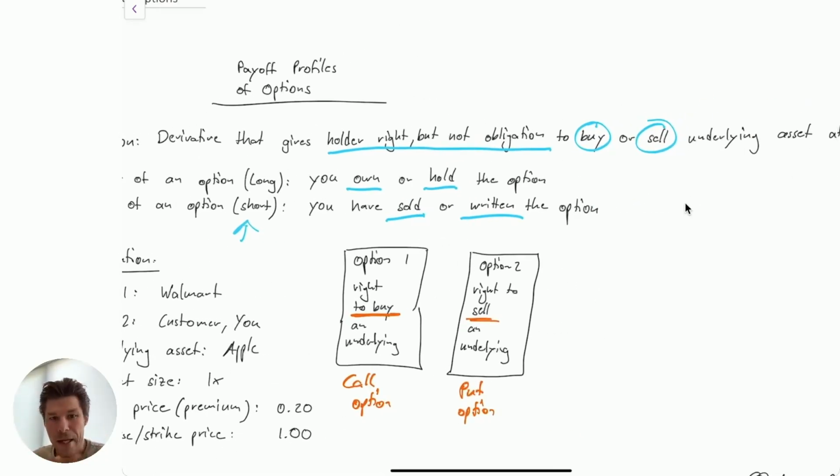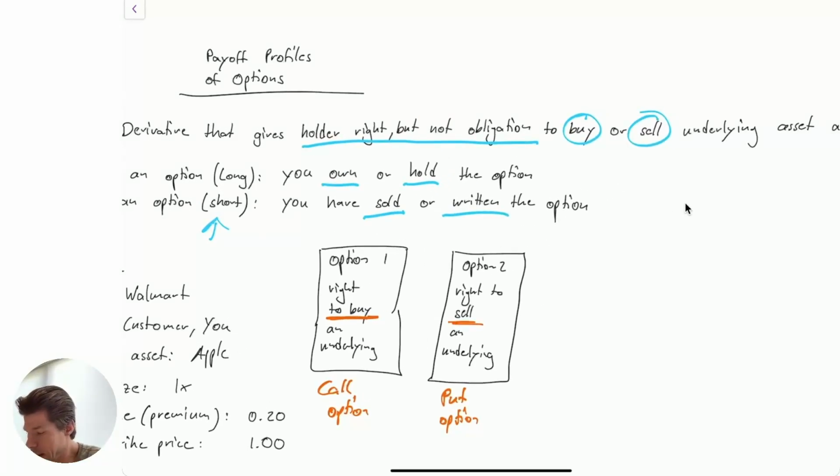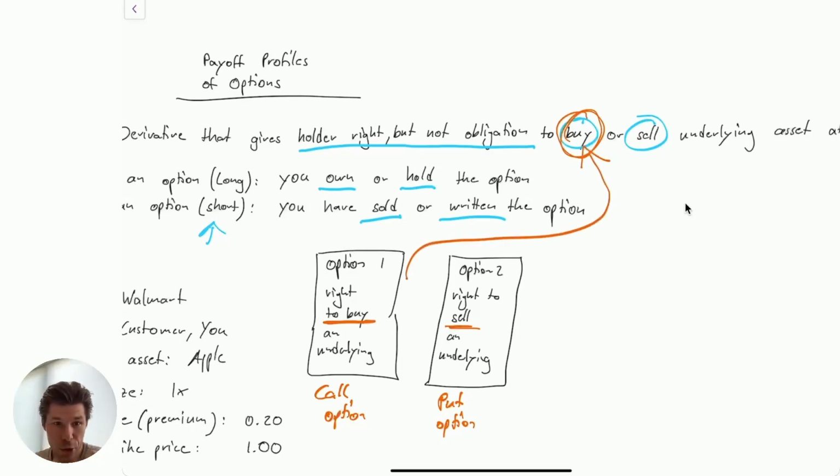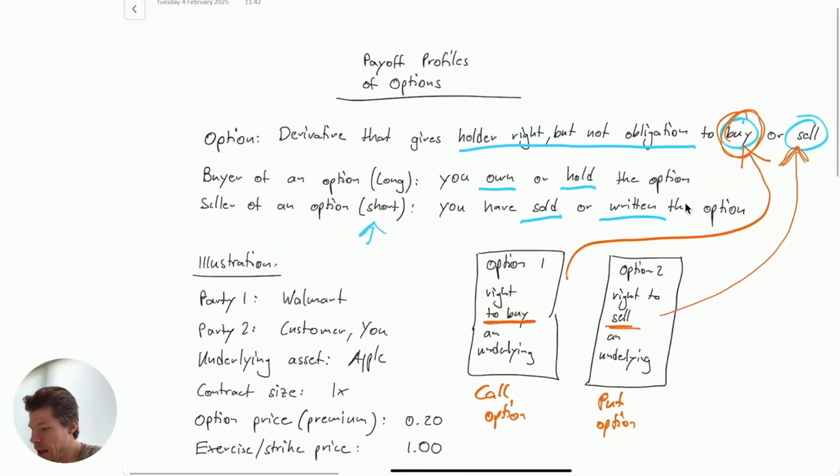Document one, a piece of paper that gives you a right to buy an underlying, is this one. The second document is an option that gives you the right to sell the underlying asset.